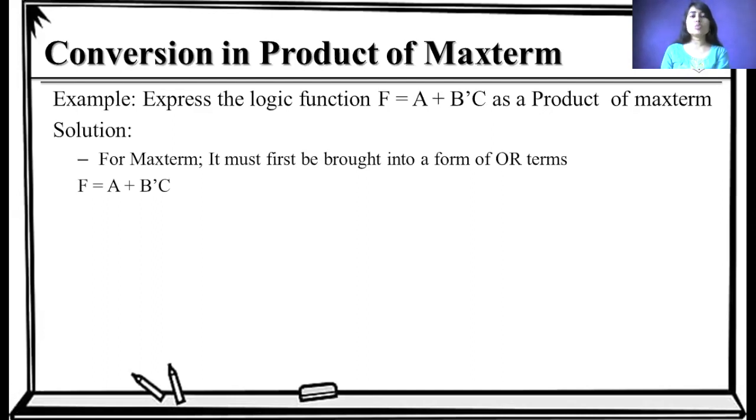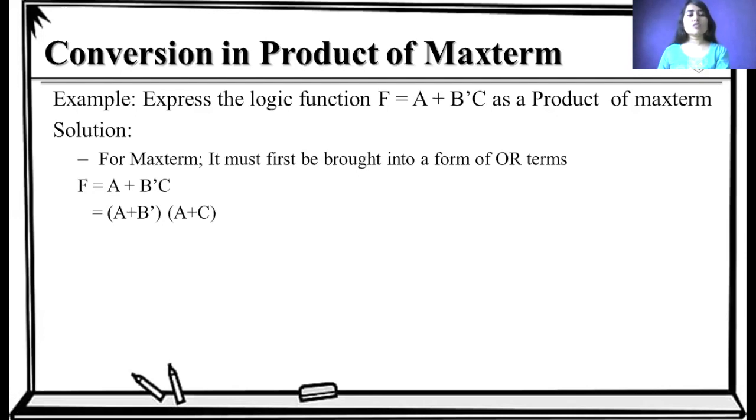Here we have to convert this into an OR operation, and we can easily convert it using the distributive law. We can write A + B'C as (A + B')·(A + C). So using the distributive law, we can convert this term into OR format.